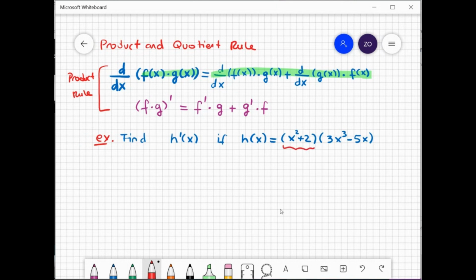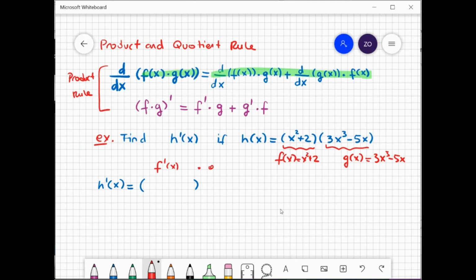So in fact, we can call this the f function, and this is the g function, like the two functions in the formula. So when we find the derivative of the h function, which is the product of f and g, we should find the derivative of f.